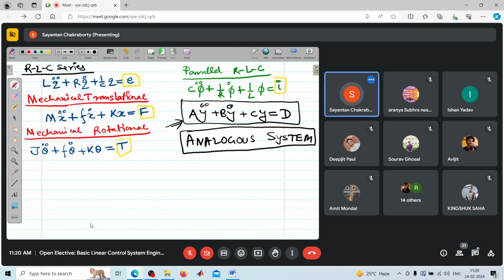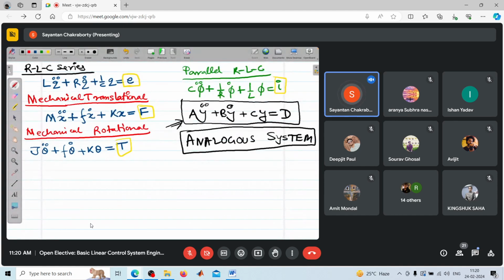That is why this concept of analogous systems comes into the picture, and that leads to what is called analog simulation, where you can simulate any mechanical, thermal, or fluid system by an equivalent electrical system, right? So that is the concept of analogous system, and it represents a class of systems which can involve any kind of system.